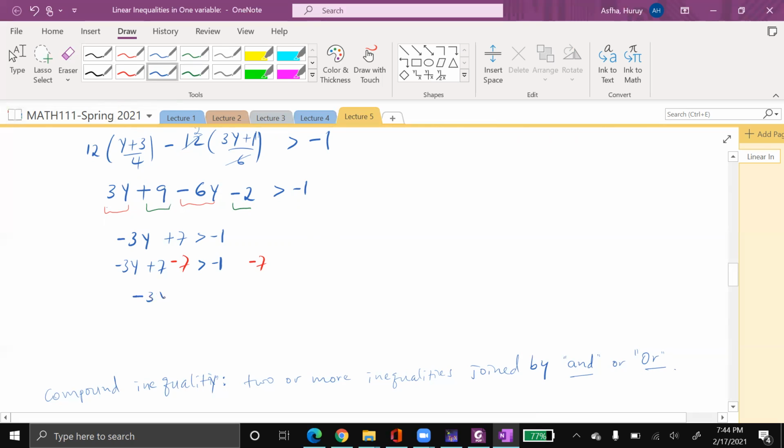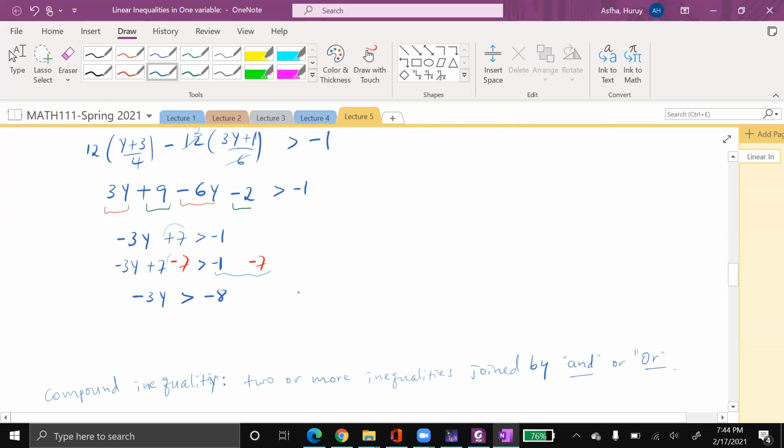So we have negative 3y greater than. As you can see, I still have the same inequality sign because I haven't multiplied or divided by a negative number at any step here, okay? This addition doesn't change it. Here we subtracted, but it doesn't change the inequality sign. And negative 1 minus 7 is negative 8.